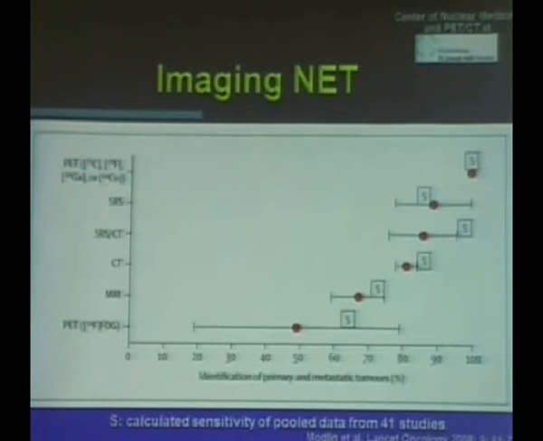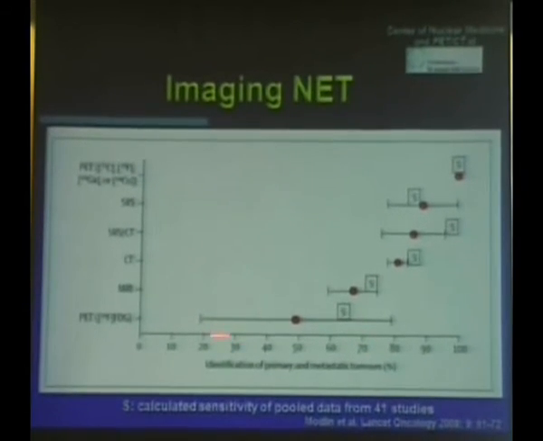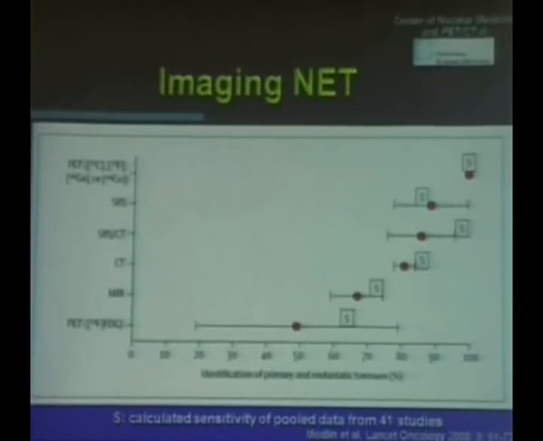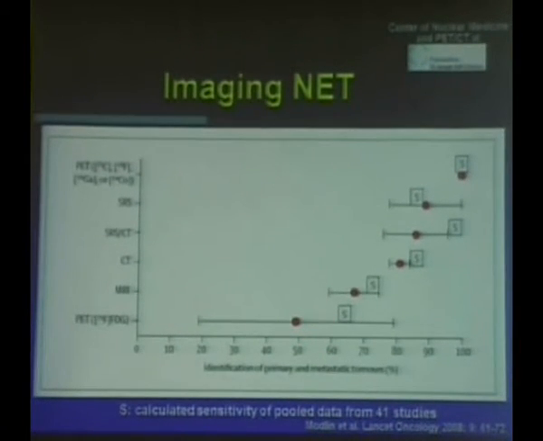Before we start with the real nuclear aspects, we have to know something about the sensitivity of all the methods we have talked about. One famous method in oncological diagnostics is the FDG PET-CT. But in this paper, it was published that this method has the lowest sensitivity in detecting neuroendocrine tumors.